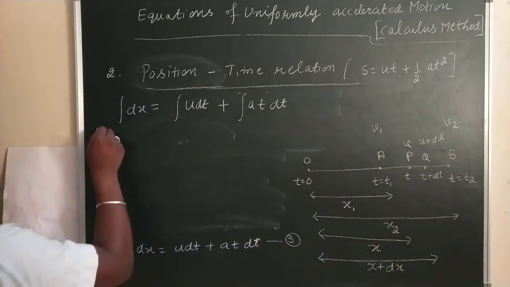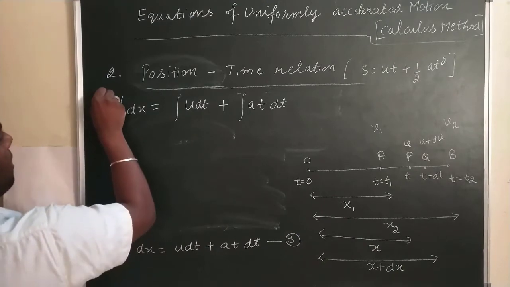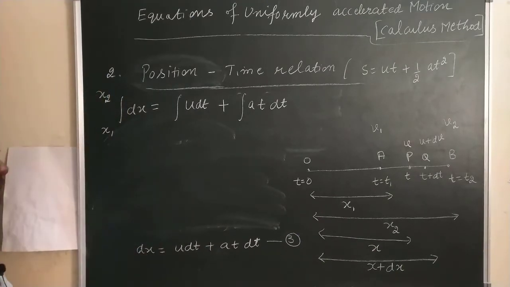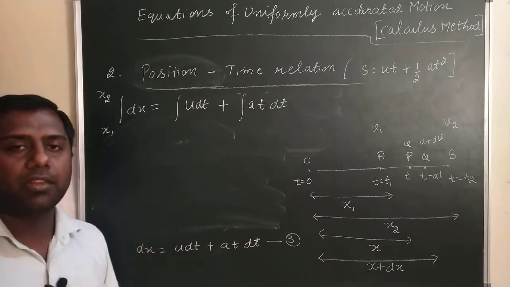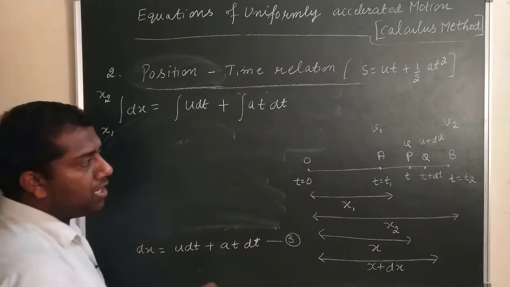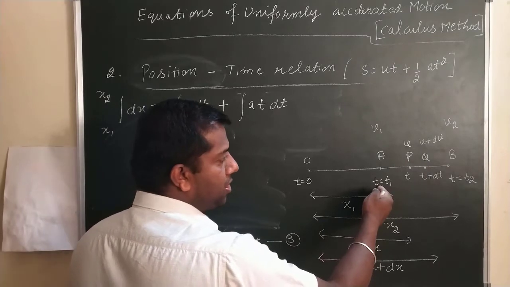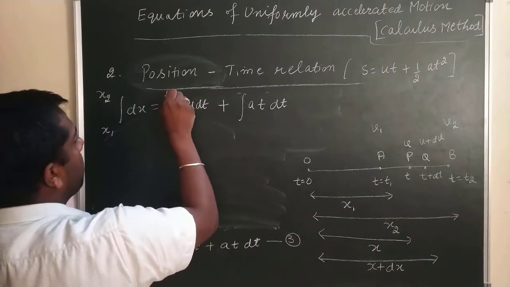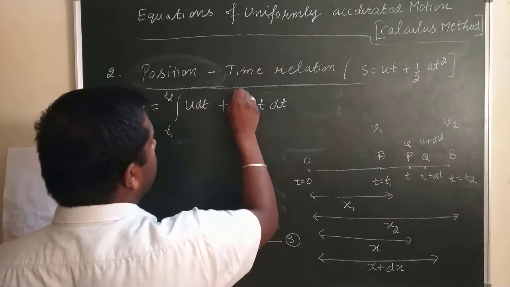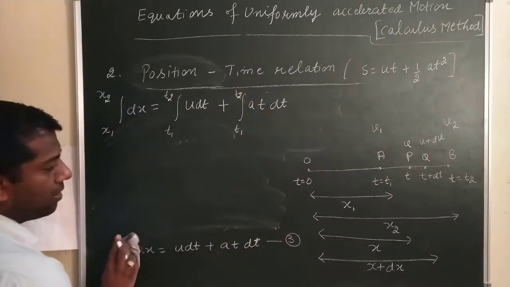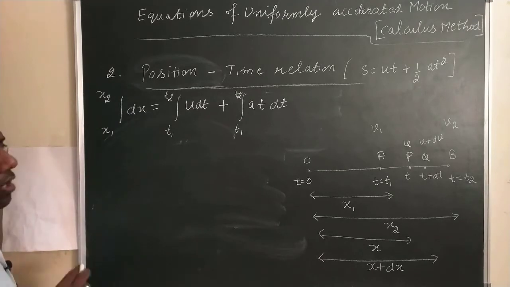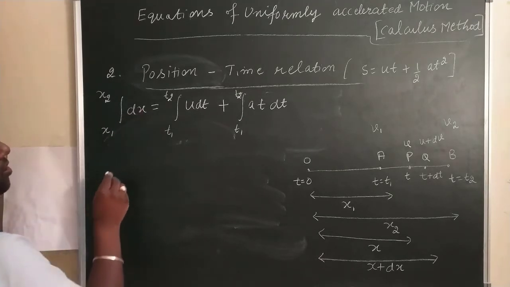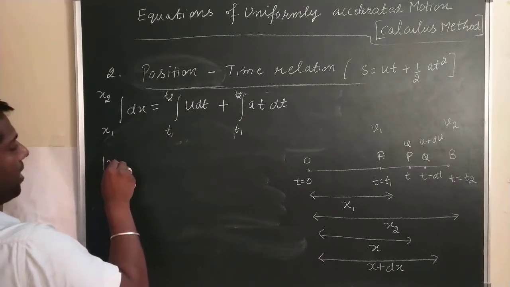So I will write down here the lower limit is x1 and upper limit is x2. Clear? So now in the right hand side, in the first factor we are integrating with respect to time. Again we will put the initial limit t1 and final limit t2. So this is t1, t2, t1, t2. Clear? Also we will solve this equation. So the integration of dx is simply x.